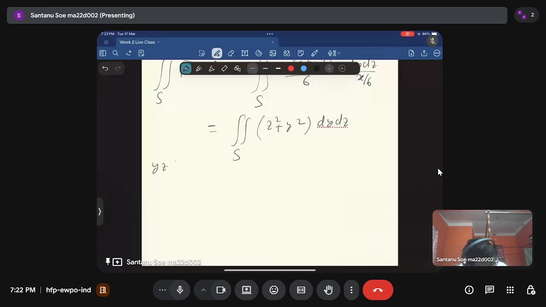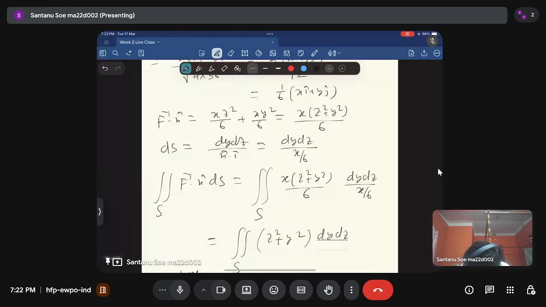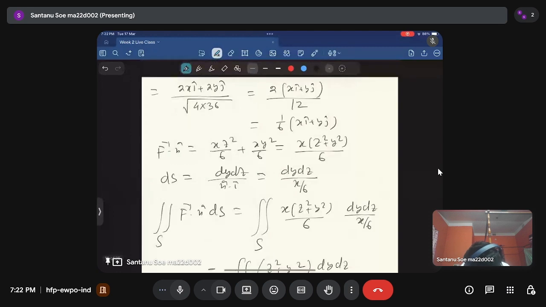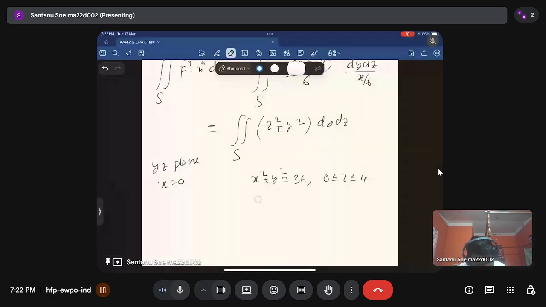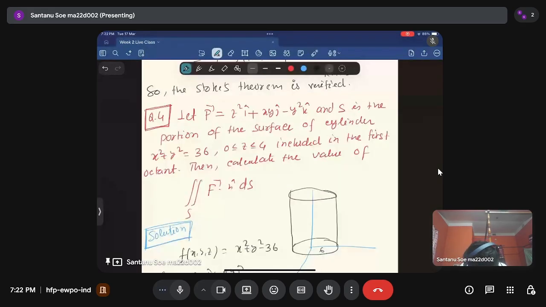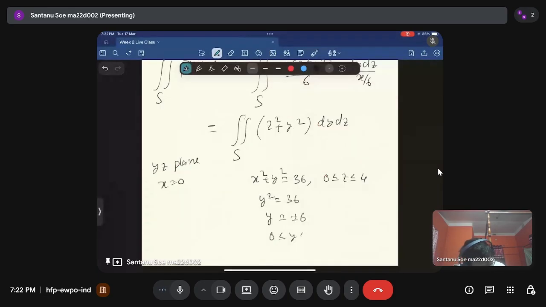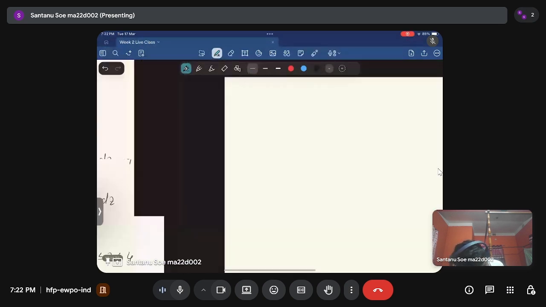So the equation was x square plus y square equals 36, and 0 less than or equal to z less than or equal to 4. So if you put x equals 0, then y square will be 36, and y will be plus minus 6. But we are taking only the region in the first octant, so y will be positive, just between 0 and 6. So this will be our projected region R, just a rectangle.